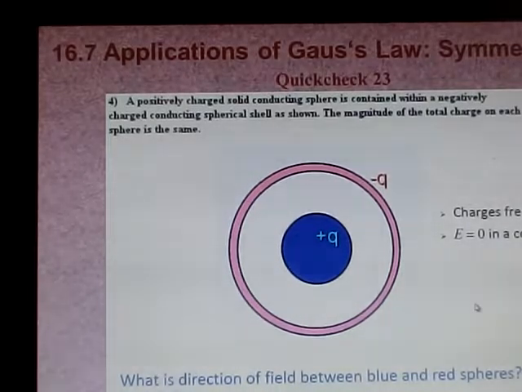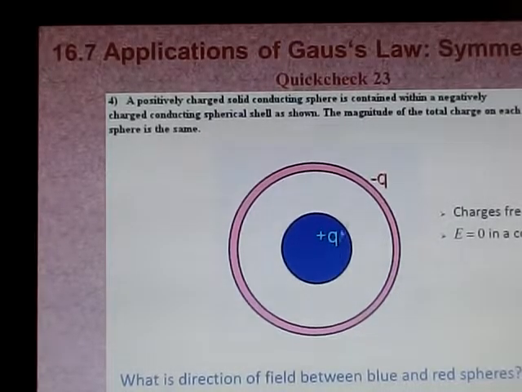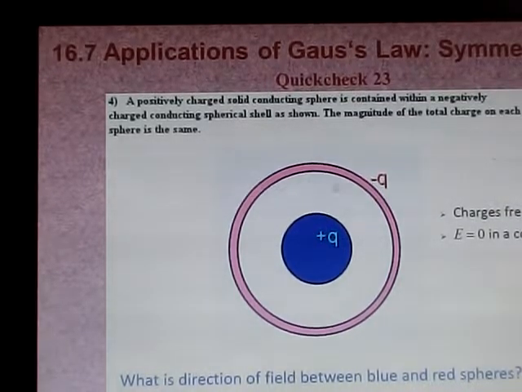So make your choice. Well, it's going to be radially outward because while you are in this gap, you think of the area within which you are as a Gaussian surface. What is the charge enclosed? It is positive Q. Therefore, the field is going to be radially outward.